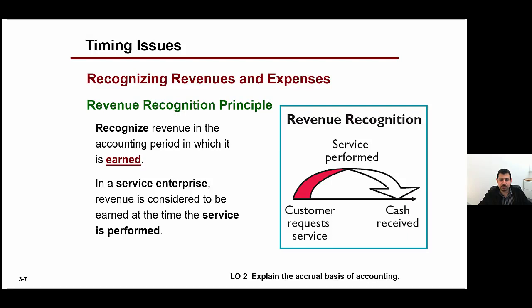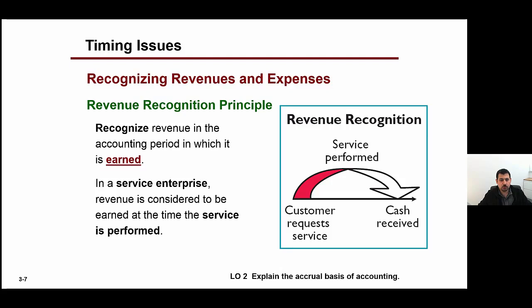When the company sells a product, the revenue is recognized when the sale is made, and not when cash is actually exchanged. The event that has happened, which is providing a service or making a sale, should be recorded in the same accounting period.